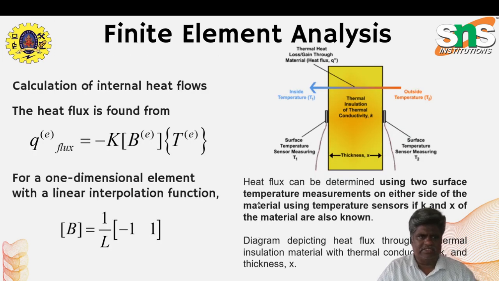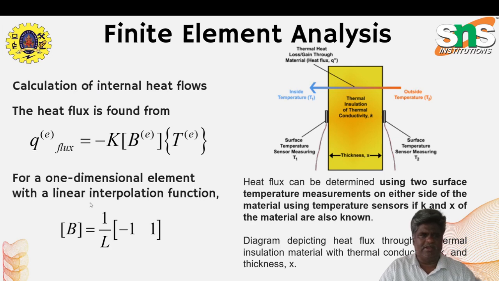Next, in this slide, how to calculate the internal heat flow. The heat flux is found from q equals minus K times the interpolation function B and the vector of temperature distribution.